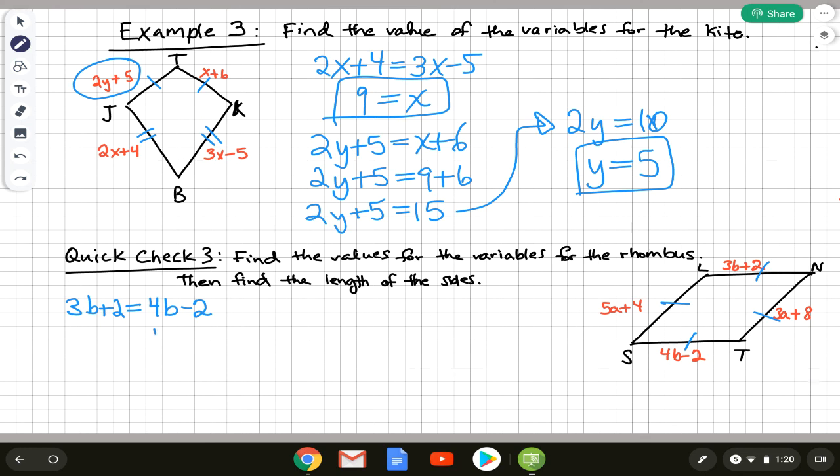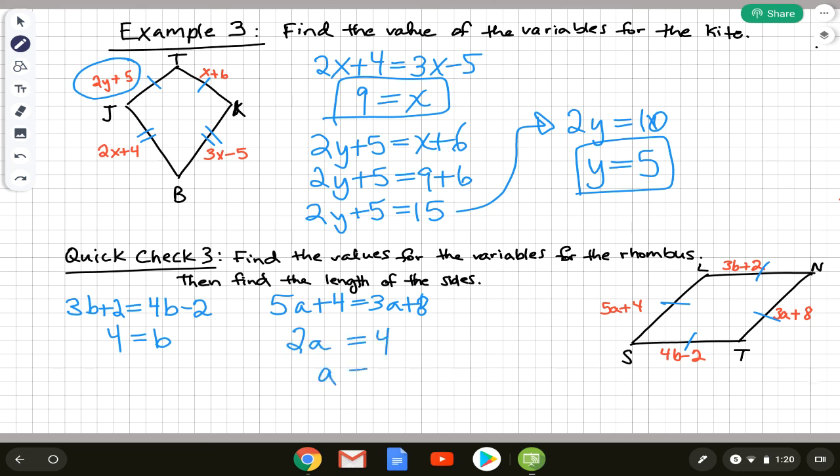That's going to end up giving me b equals 4. And then I can use 5a plus 4 equals 3a plus 8. All right, that's going to give me 2a equals 4, so a equals 2.